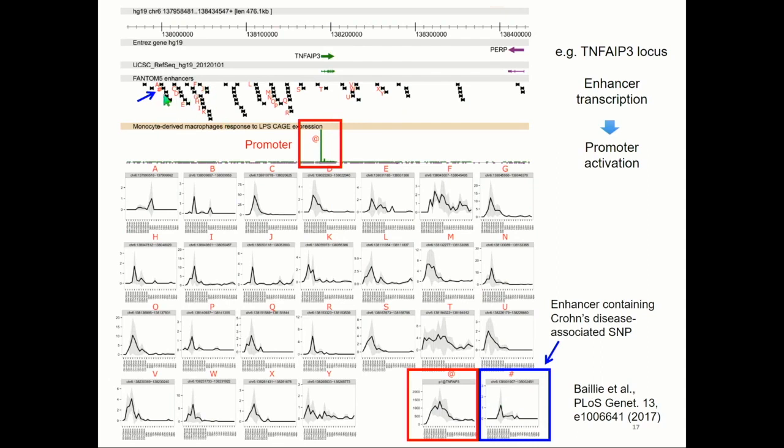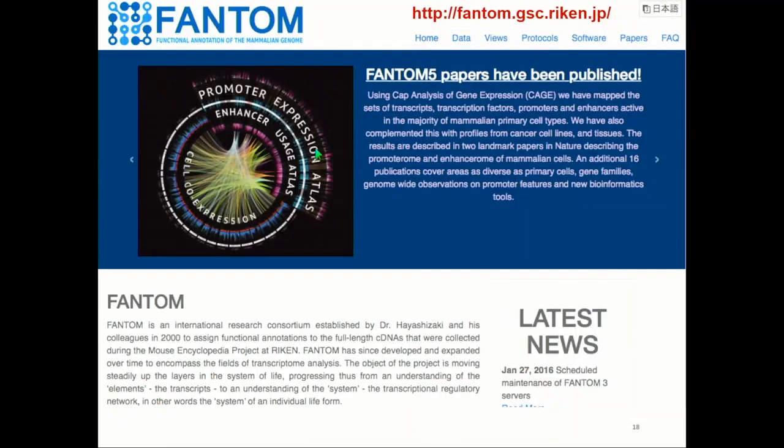And in particular, in one enhancer here, there is a GWAS SNP that is associated with Crohn's disease. And by analyzing RNA data, it is possible to identify a link between this enhancer here and a promoter here.